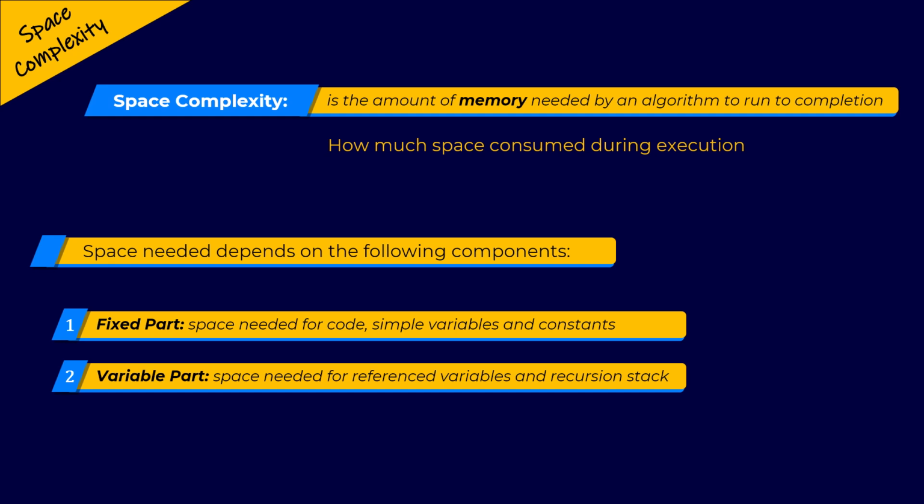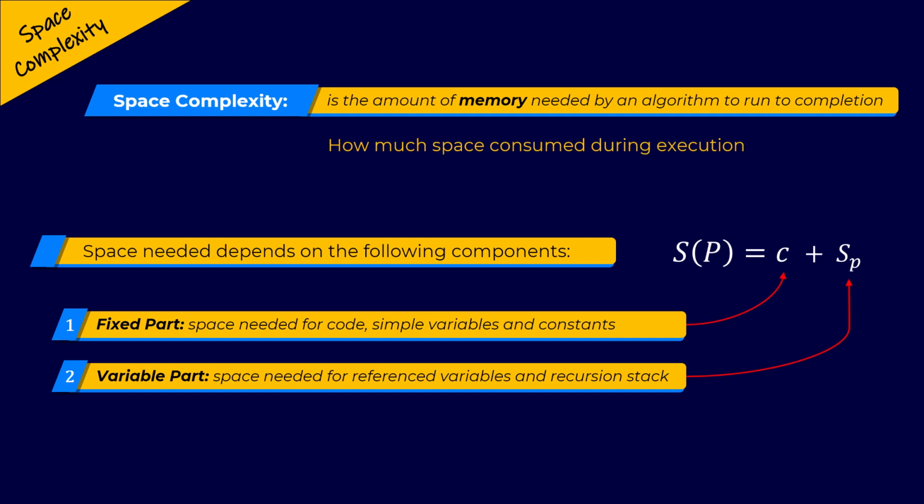So, the total space consumed is the sum of the fixed and the variable part. Therefore, the space requirement is a function S(P), where P is an algorithm, which is equal to the sum of C, the space needed for the code, or the fixed part, which is constant, and the space needed for the variable part, represented by SP.